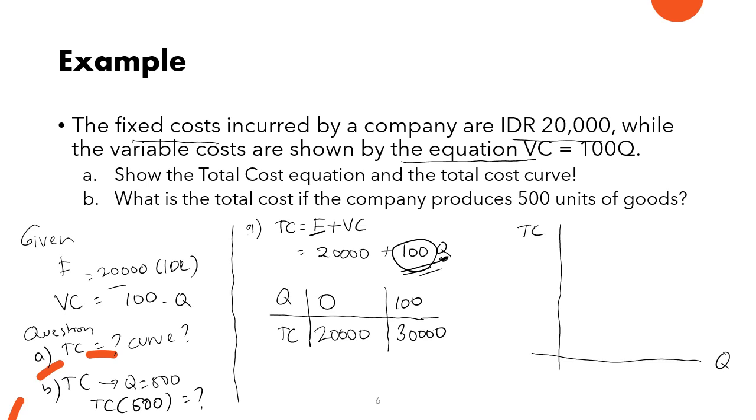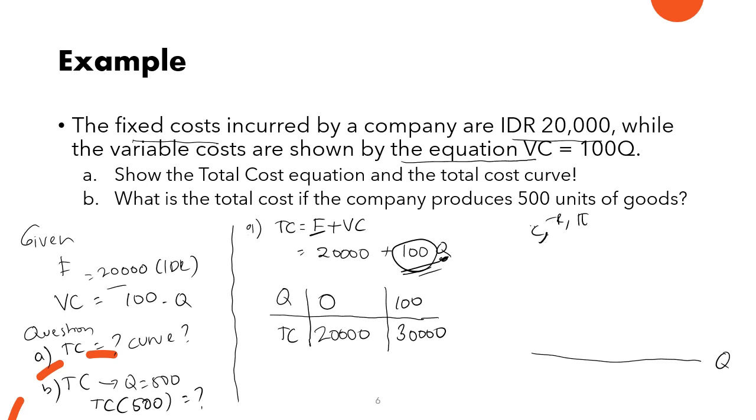To draw the Cartesian diagram for TC, TR, and profit, you can use the y-axis to put all the functions. So if later you are asked to draw those three functions in one Cartesian diagram, it means that at the y-axis, TC is along with TR and also profit.